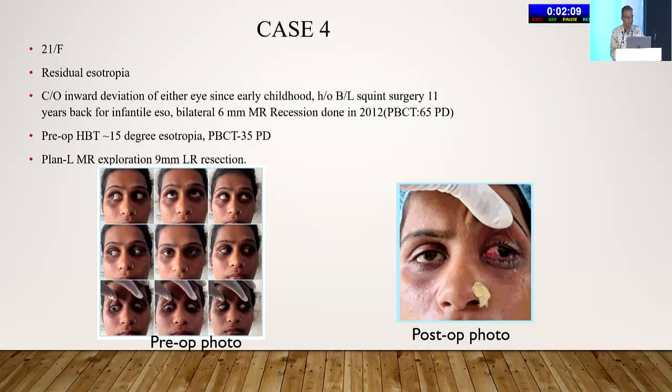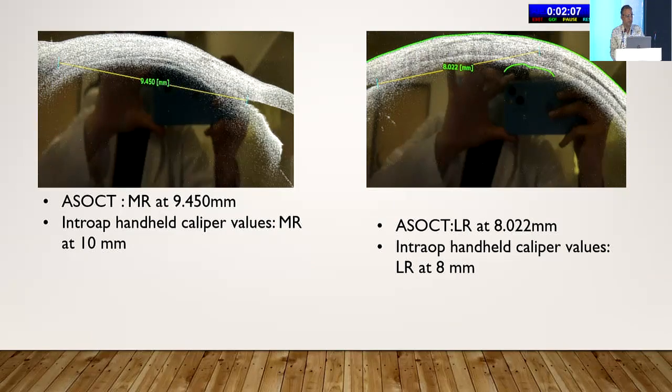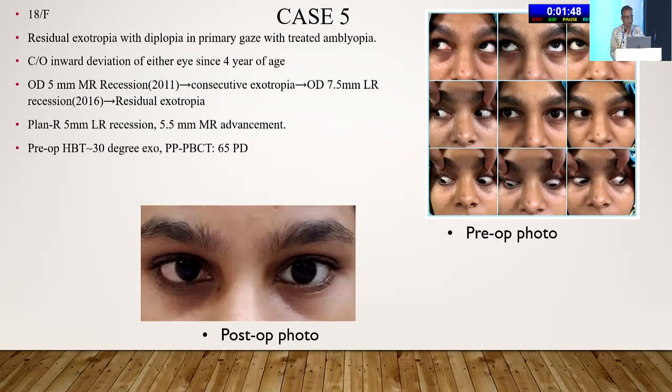This is another patient with residual esotropia. When AIOC2024 was done, the medial rectus was at 9.45 mm, and intra-op with the caliper it was found to be at around 10 mm, and the lateral rectus was found around 8 mm with AIOC2024 and around 8 mm with the caliper.